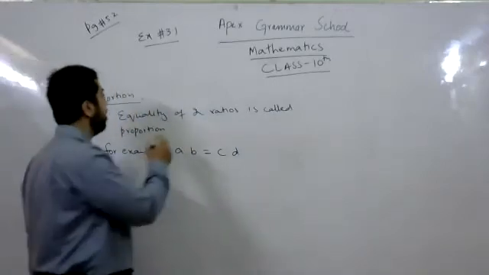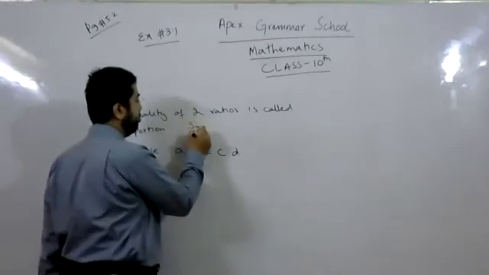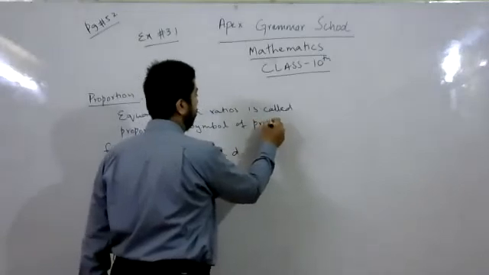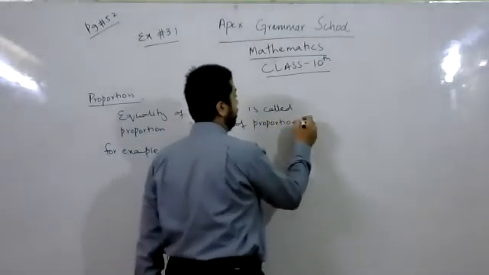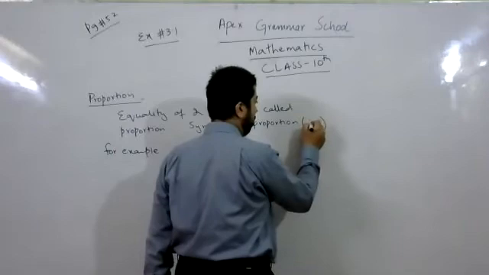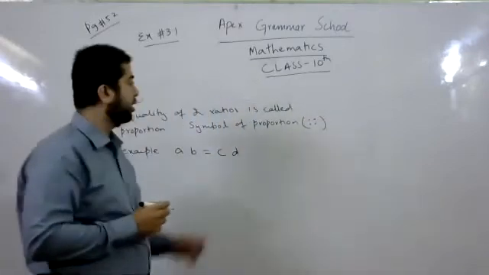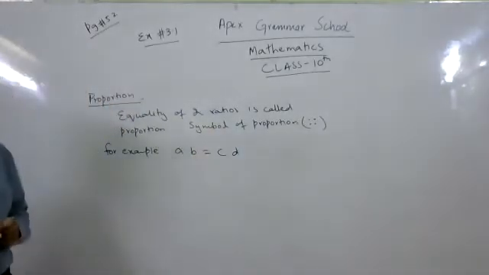So basically, the symbol of proportion is four dots.